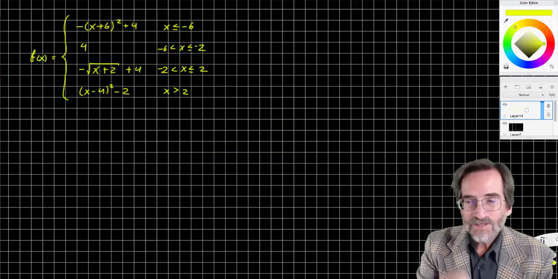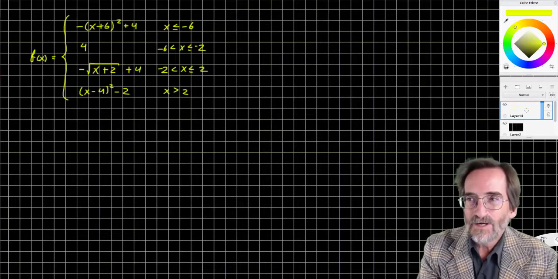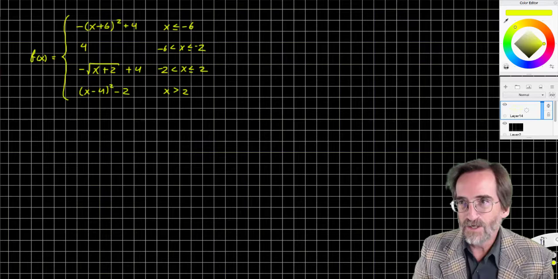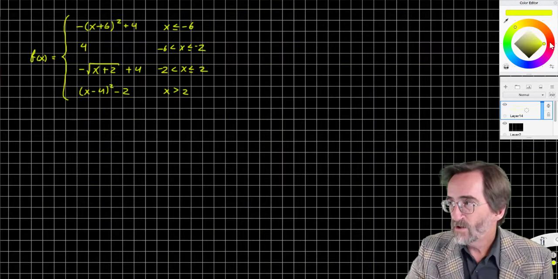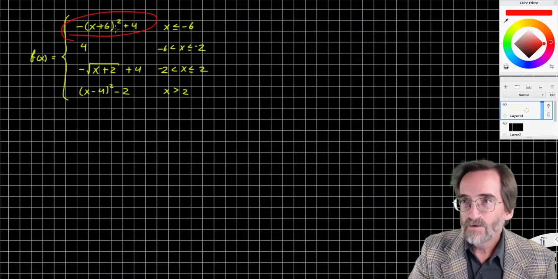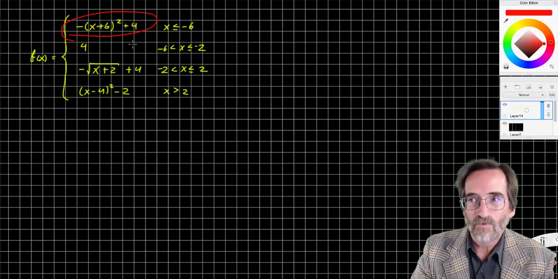All right. So let's take a look at this particular function that's on the screen. It's a piecewise function. The first section here is in fact a parabola opening down with a vertex at -6, 4. And it is applied only as x is less than or equal to -6.